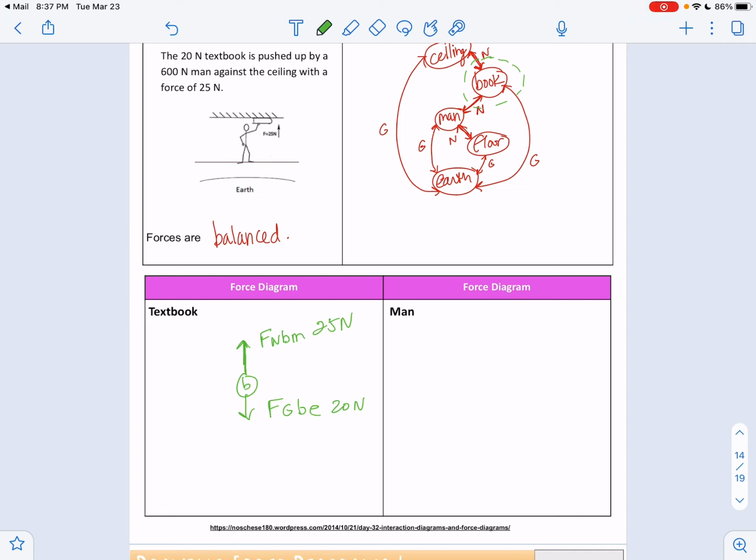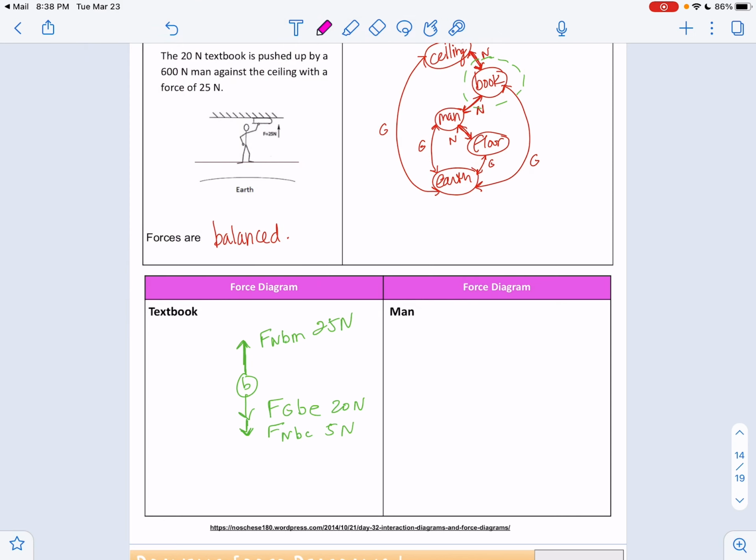The only last interaction we have is the ceiling, and it makes sense that the ceiling would push down, but even if not, we know it has to because these have to balance. So this is going to be a little tiny one. Fn book ceiling. If I have to have a total of 25 down to match the 25 up, that's going to end up being 5, because 20 plus 5 down would equal 25 newtons up.